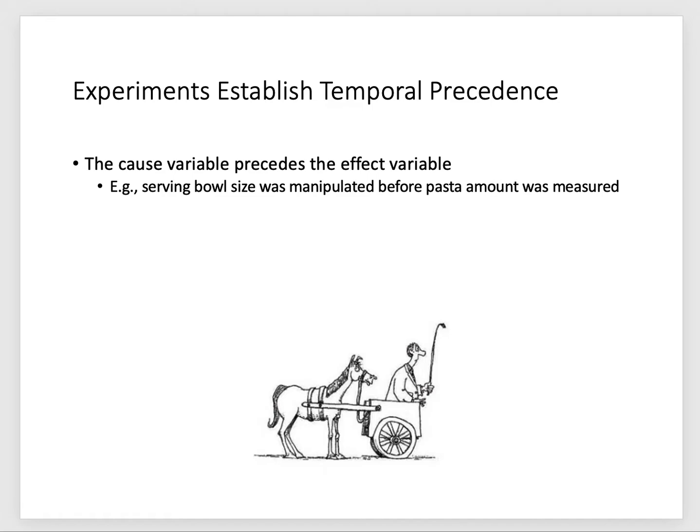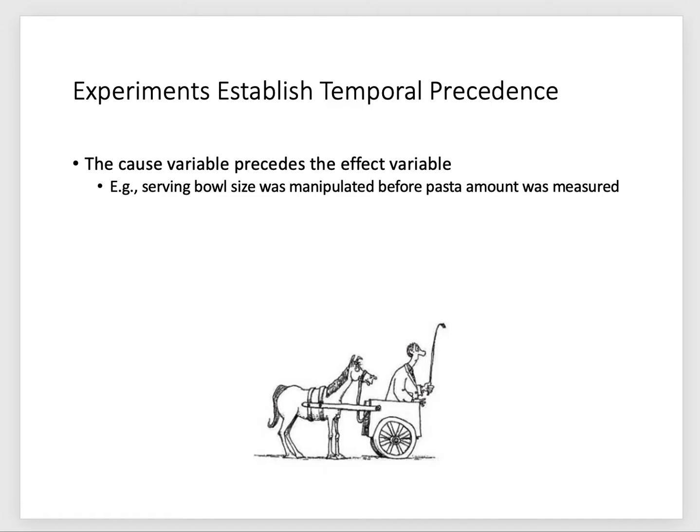All right, the second point here about these causal criteria is that experiments establish temporal precedence, meaning, again, that the cause variable has to come before the effect variable in time. So in our example, the serving bowl size has to be manipulated before the pasta amount was measured. Okay, that makes sense, right?